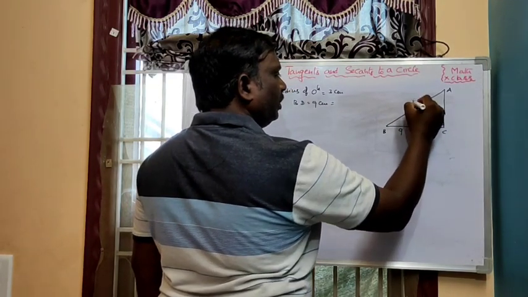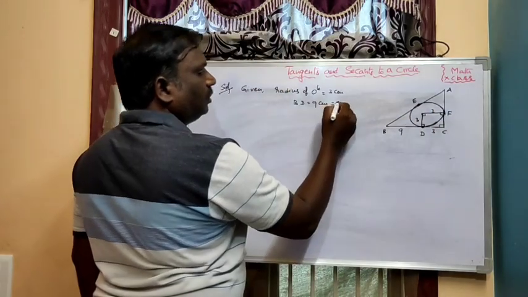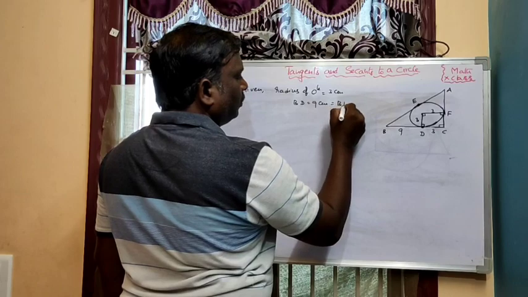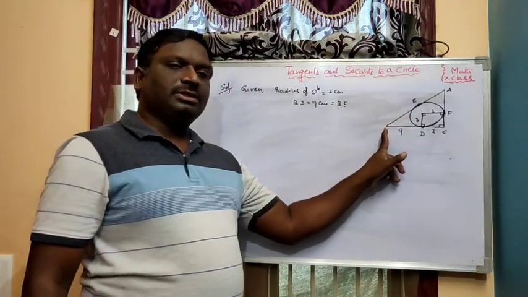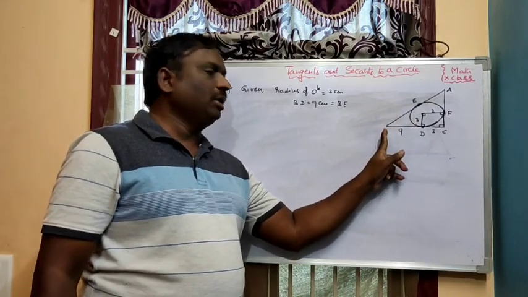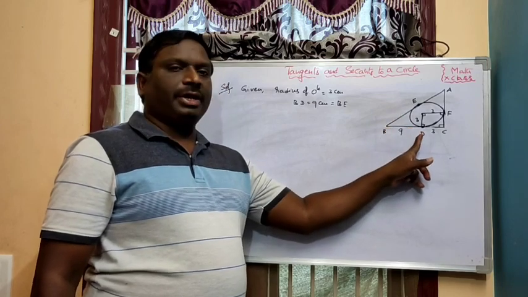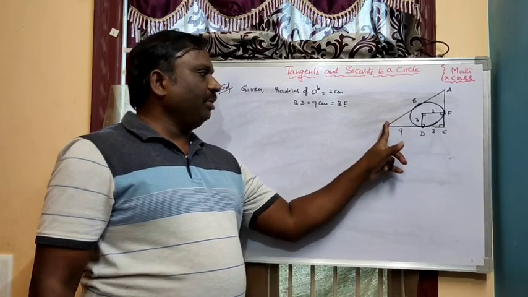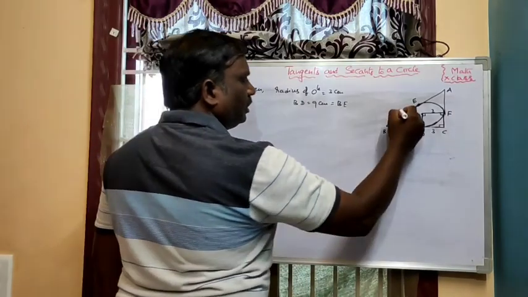I am taking this as E, and this is F. So BE is also 9 centimeters. Why? Because this is the external point to the circle. Lengths of tangents drawn from an external point to the circle are equal. So BE and BD are tangents. BD is 9 centimeters, BE is also 9 centimeters.